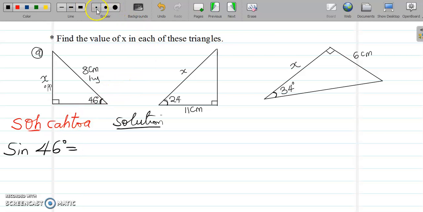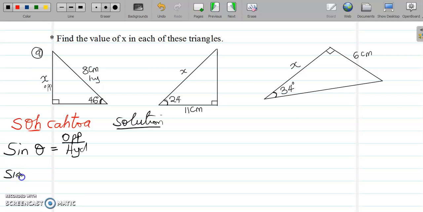Okay, let me start with this. I can have it that sine theta, which we know is opposite over hypotenuse. That means my theta is now 46.